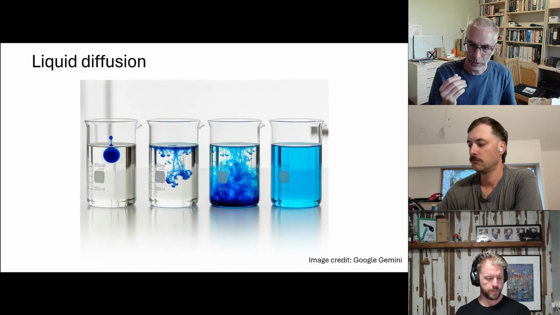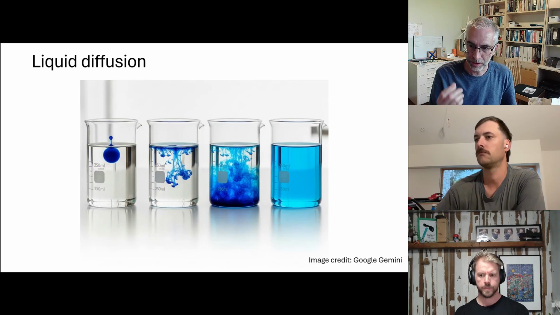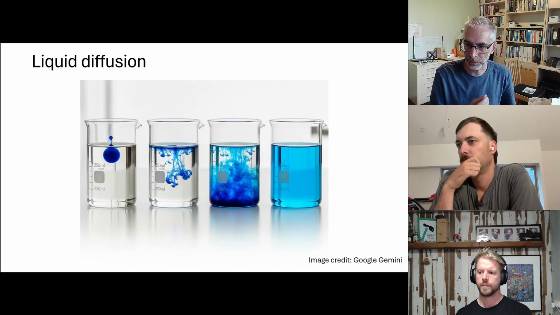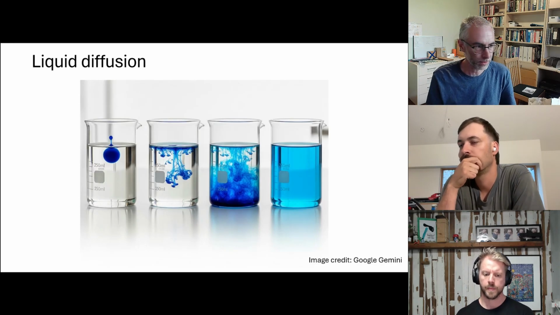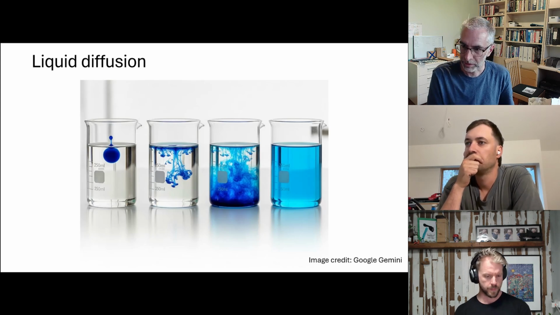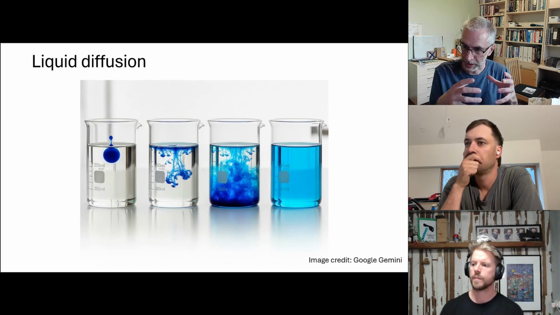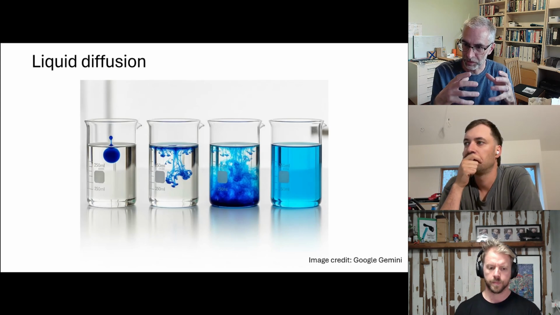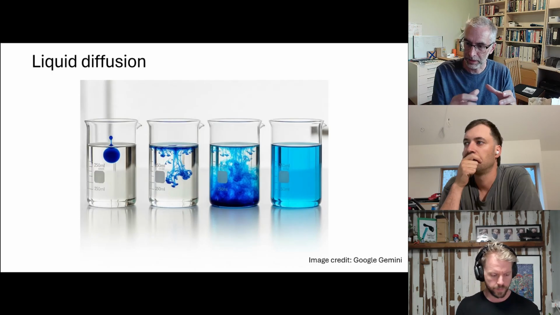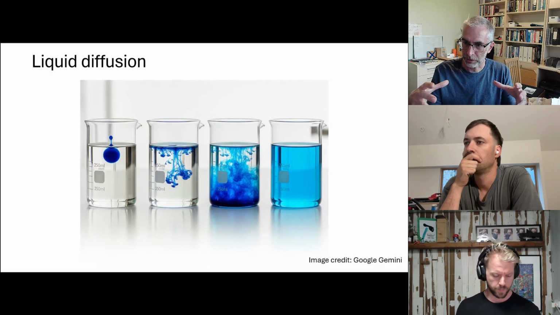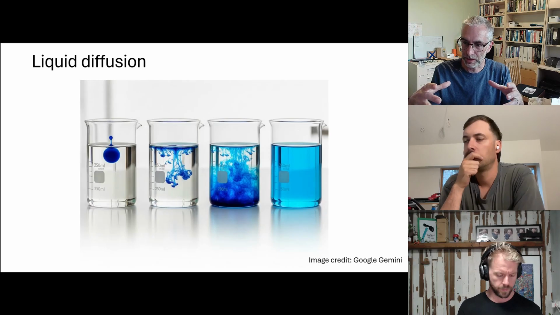So diffusion can probably be best visualized by thinking of liquid diffusion as opposed to gaseous diffusion. So something like a beaker of still water, and the key being here is that the water itself is still. And if I put a colorant in that water, we all know that it's going to slowly diffuse across and stabilize across that liquid.